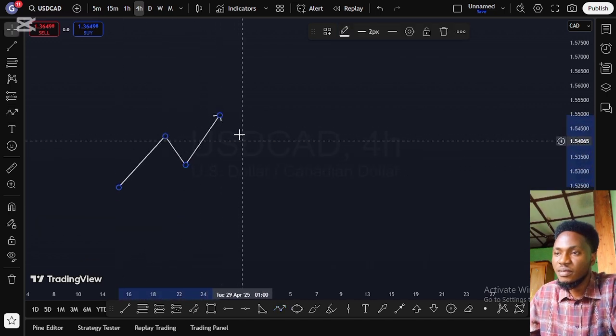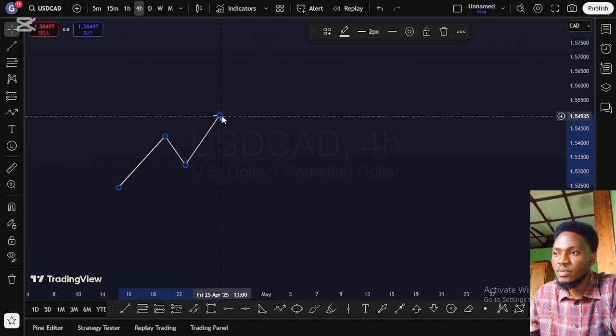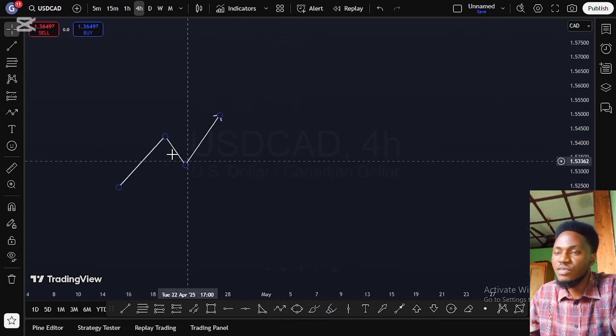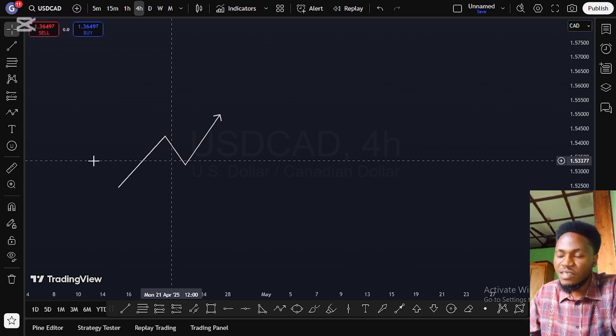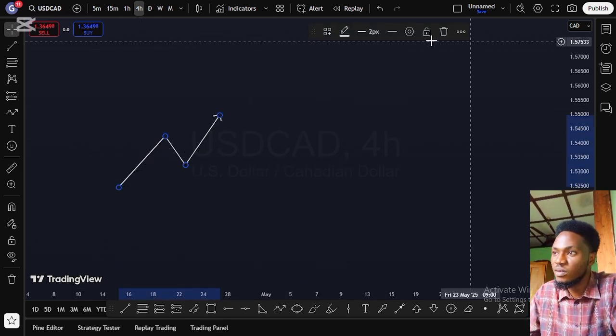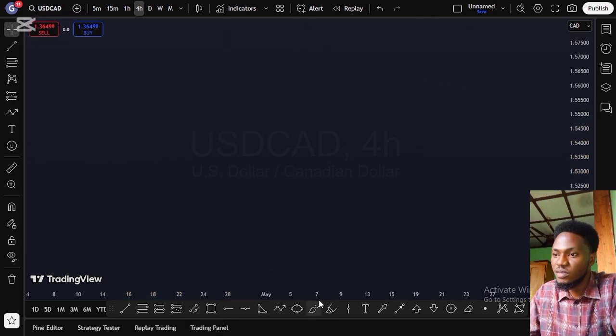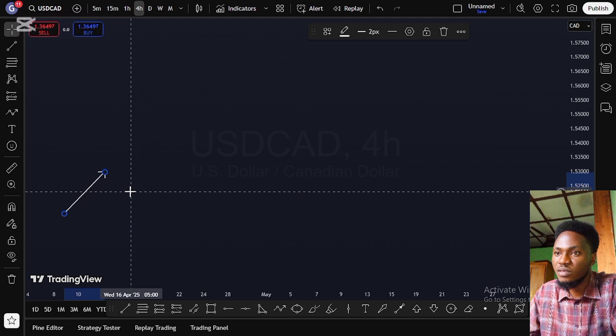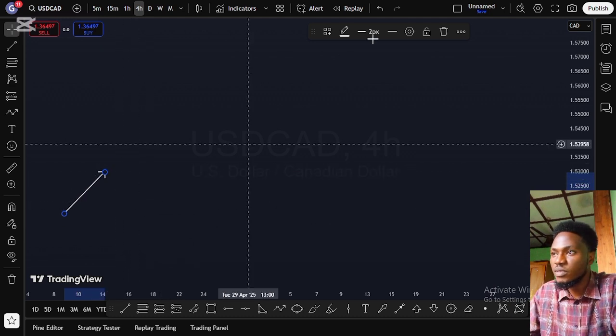All right, so let's say we have something like this. This is typically an uptrend. Okay, let me just draw an extended uptrend that just has multiple legs to the upside.